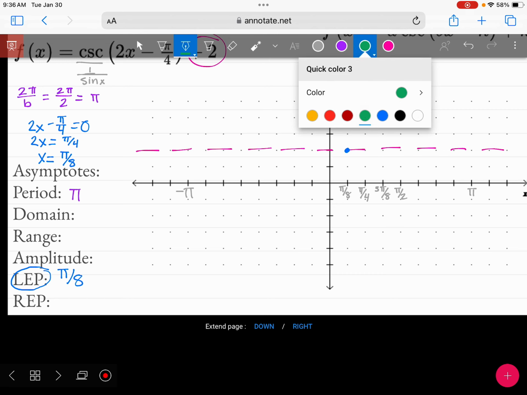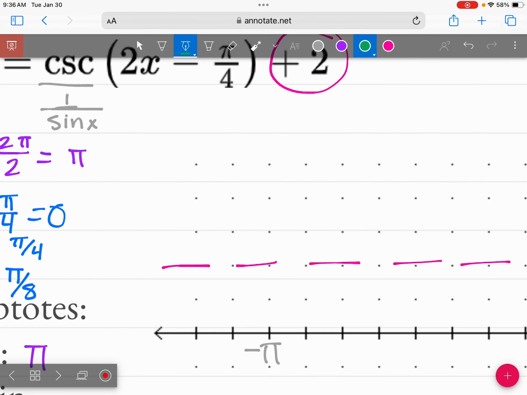Then we're going to do our right endpoint. Very similar vibe. It's when 2x minus pi over 4 equals 2 pi. So it's the same vibe as when we did it with sine. Same pattern. So we know what happens when 2x equals 9 pi over 4, because we're going to common denominator and simplify that way, because I don't want to deal with 2 1/4 pi.